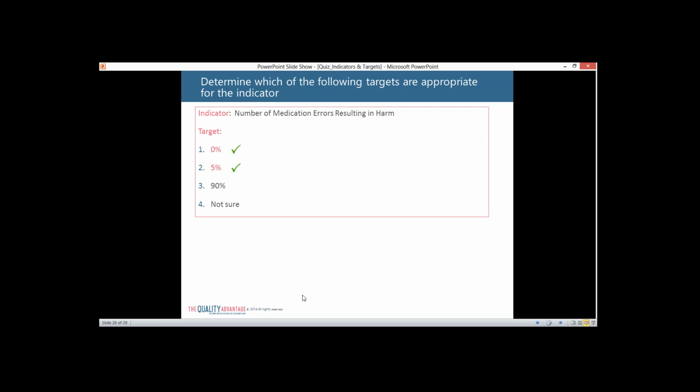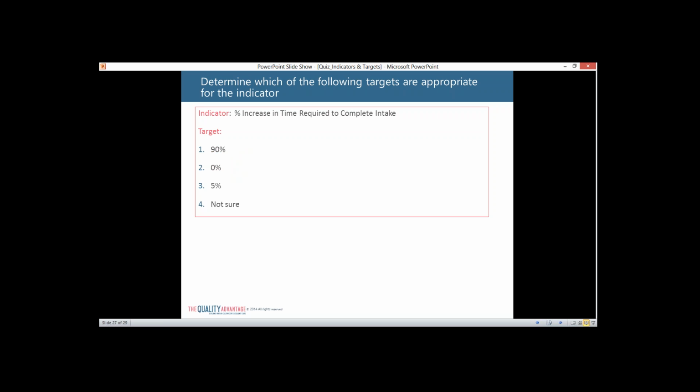So if they were at a baseline of 20% or even 10 or 15%, it depends on how many errors that actually reflects, then 5% might indeed be an aspirational target. 90% clearly isn't the right answer because it's moving in the wrong direction. And 4, I guess, could have been an answer.